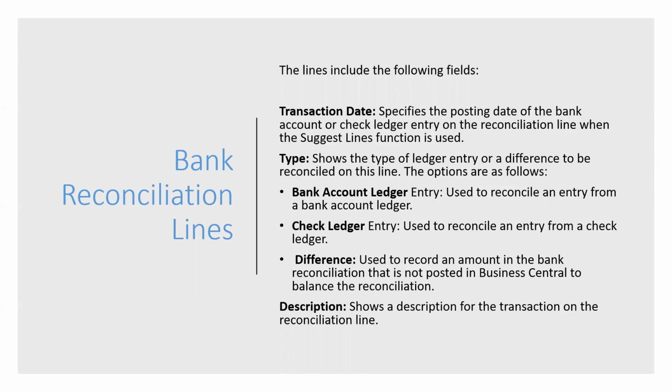We have different types of operations to reconcile. The first one is the bank account ledger entry, used to reconcile an entry from a bank account ledger. Then the check ledger entry, used to reconcile an entry from a check ledger.